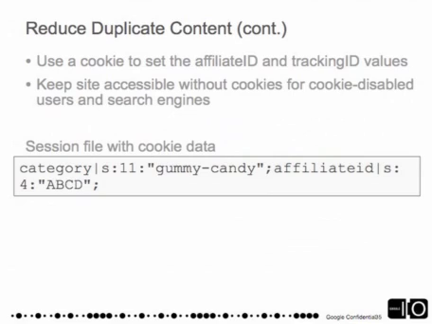And I can just use the cookie data. I can store all that information in a session file. So now I have affiliate ID in there, and category as well. You can use your cookies to set affiliate IDs and tracking IDs. But you want to make sure you still keep your site accessible for users that don't have cookies enabled and for search engines.